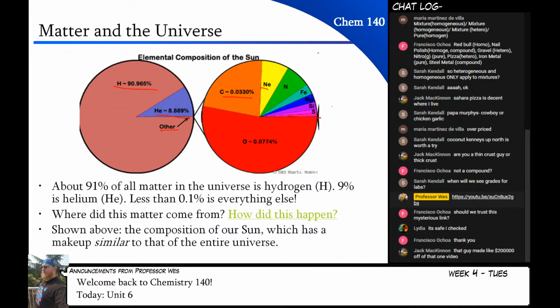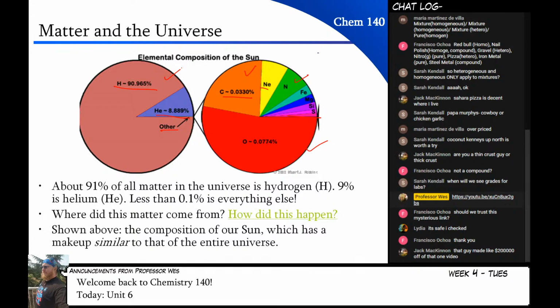Suffice it to say, we are made primarily of those three and this one. So there's a lot of matter in the universe, and it is constantly being upscaled to more and more complex matter, as in it has more stuff in it.